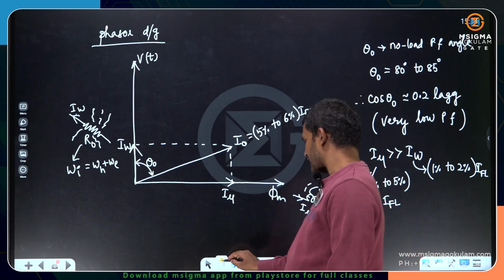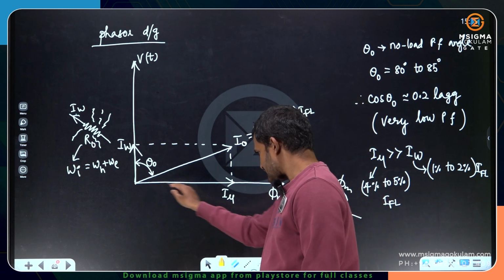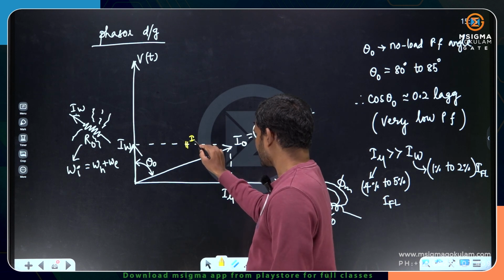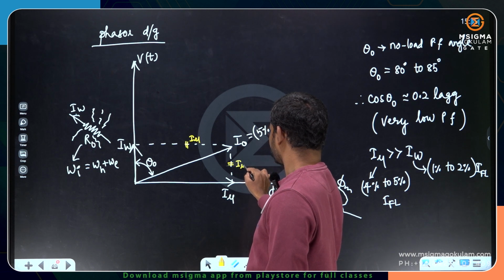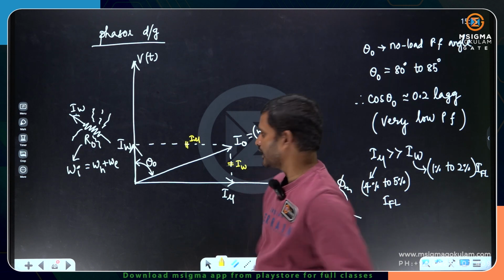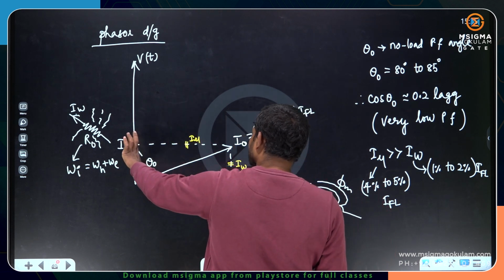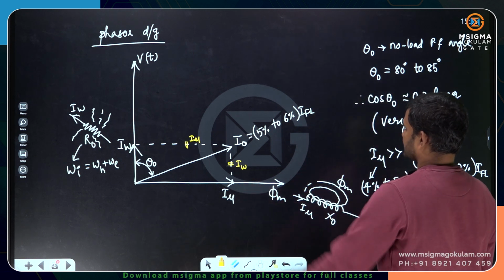You see, there are other things also. This is I mu, and I can take this also as I mu. If this is IW, this is also IW. Now for theta, the opposite side is I mu and the adjacent side is IW, so you can represent sin theta and cos theta also.